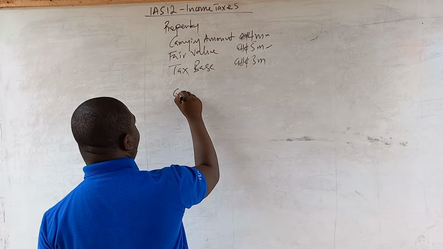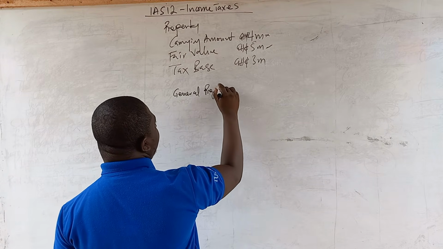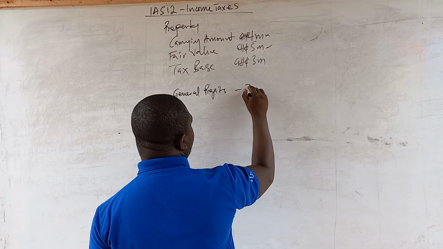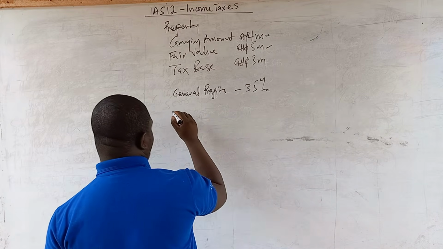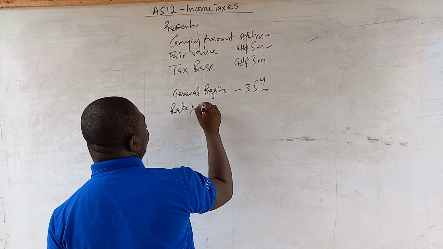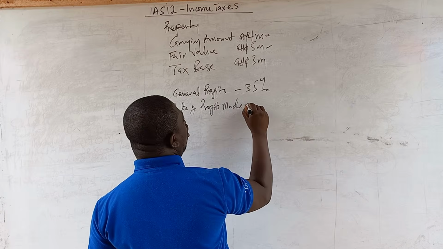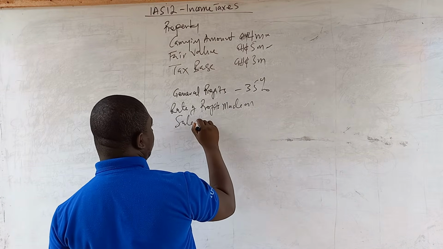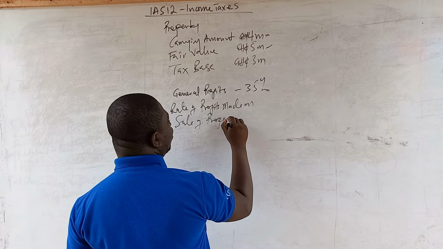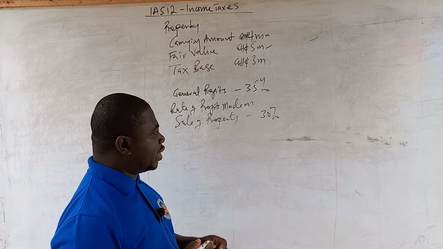First, we have the general profit rate, which is 35%. And then we have the rate for profits made on sale of property. So when you sell your property, the rate that is applicable for tax on the profit is 30%.